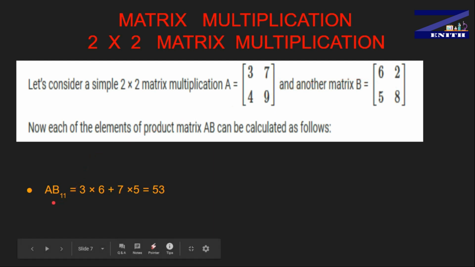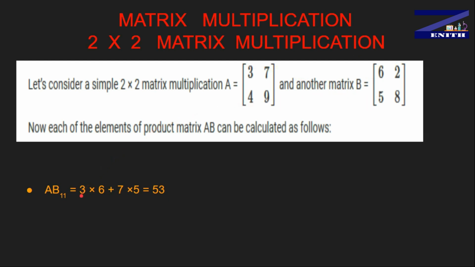See here, first of all we are getting the product matrix AB. For the first row and first element of that matrix, take the row of the first matrix A and the column of the second matrix. First of all, multiply 3 with 6, and after that 7 with 5, and just add them.